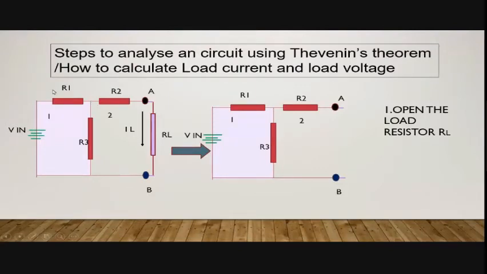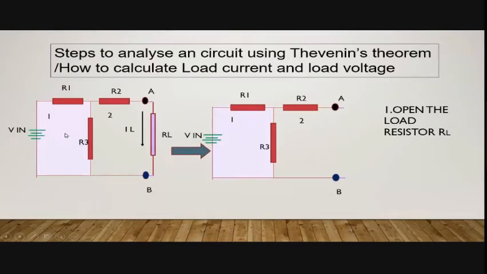What is the impedance? You can have a resistor, a capacitor, or an inductor. If you are having a capacitor or inductor, then you have to write Z1, Z2 and Z3 because you represent the impedance by Z. If you are having only resistors, then you can directly write it as R1, R2 and R3.